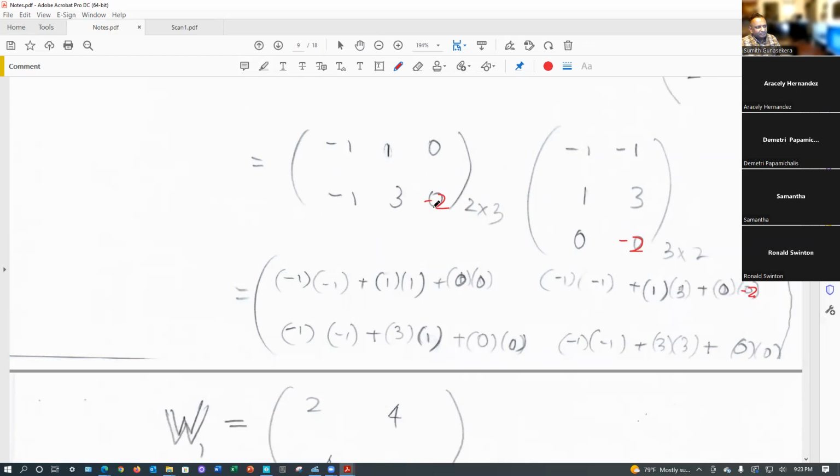Negative 1 to negative 1, 3 to positive 1, negative 2 to 0.